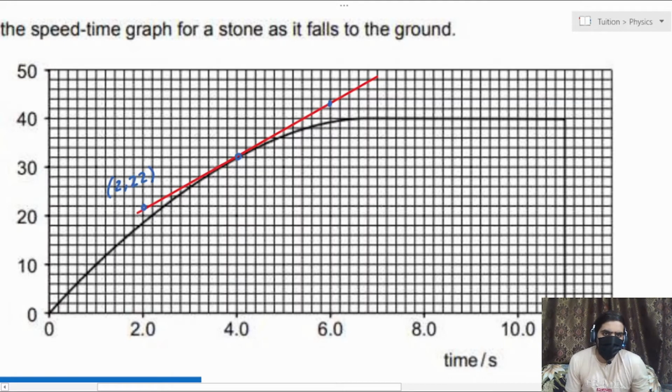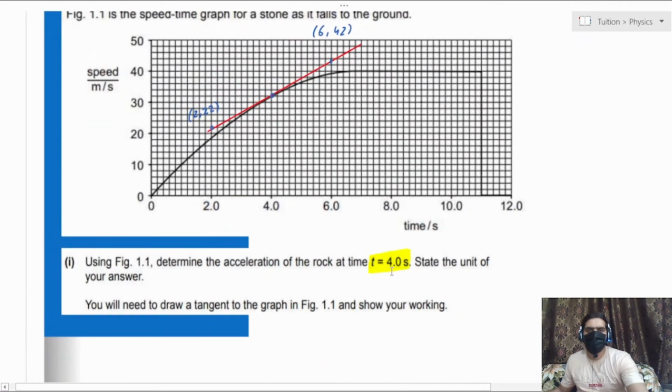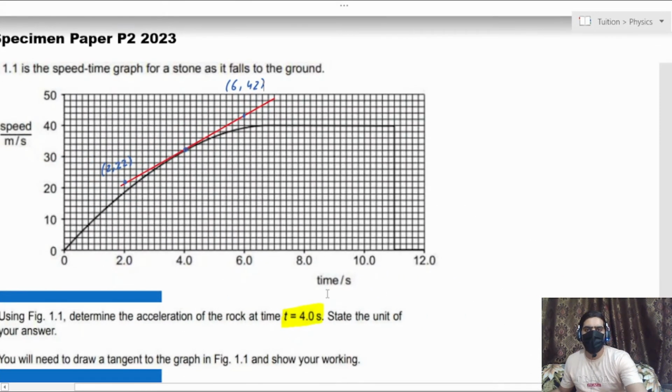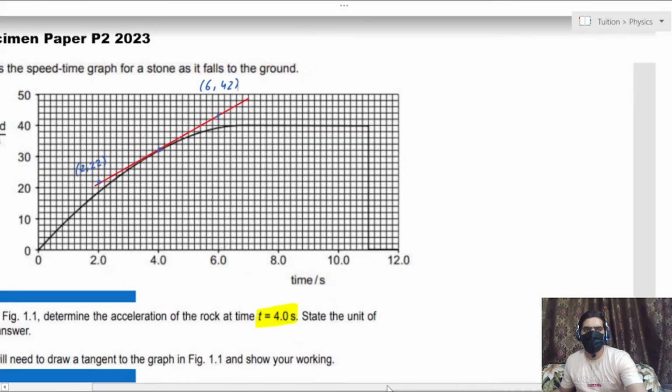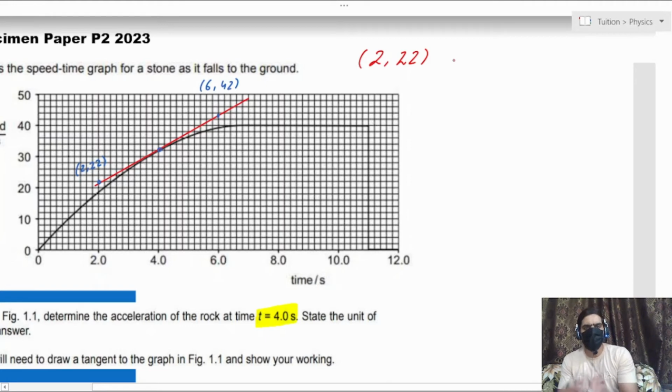The first point is (2, 22). The second, from the x-axis we get 6, and from the y-axis we get something like 42. So (2, 22) and (6, 42) are the points that I have chosen from here. Now finding the gradient once you have 2 points is not difficult at all. You can choose any 2 points, but make sure the points are not too close to each other.